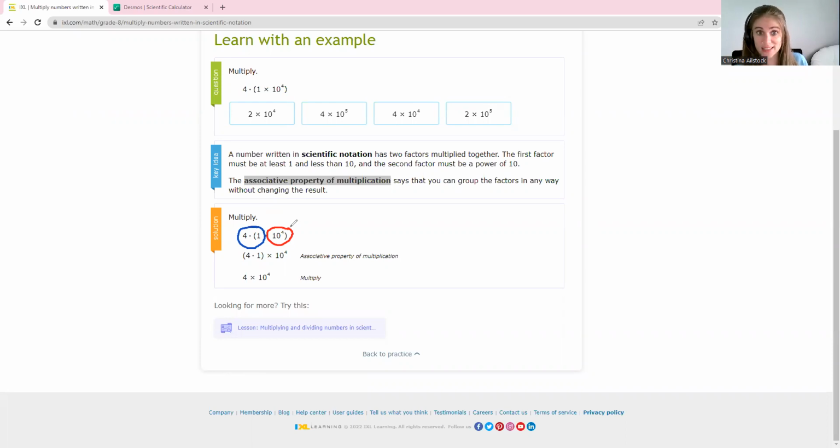We'll get into some more like that later on in this video, but that's just a quick rationale as to why we can do that regrouping. That's because of the associative property of multiplication.